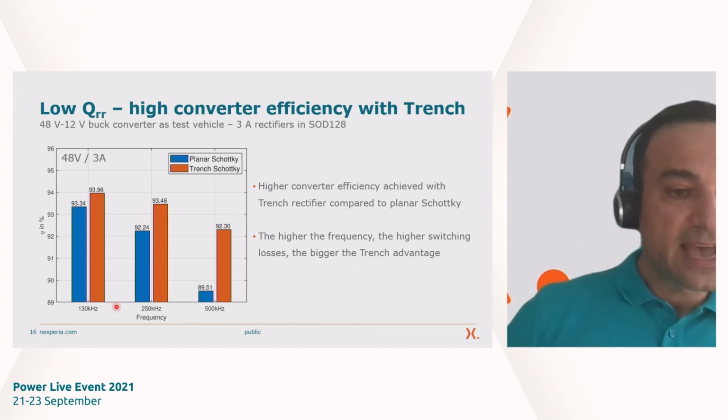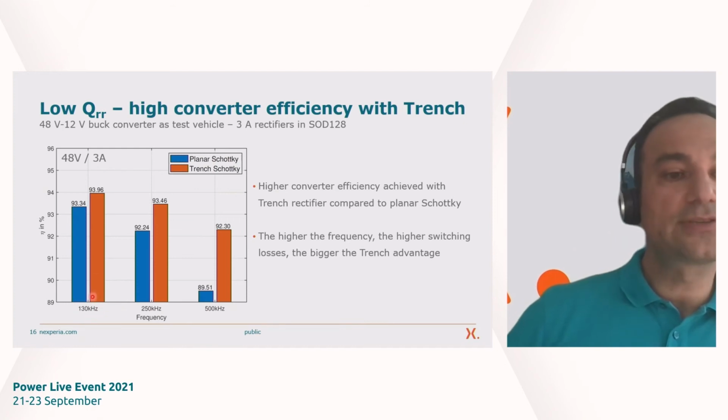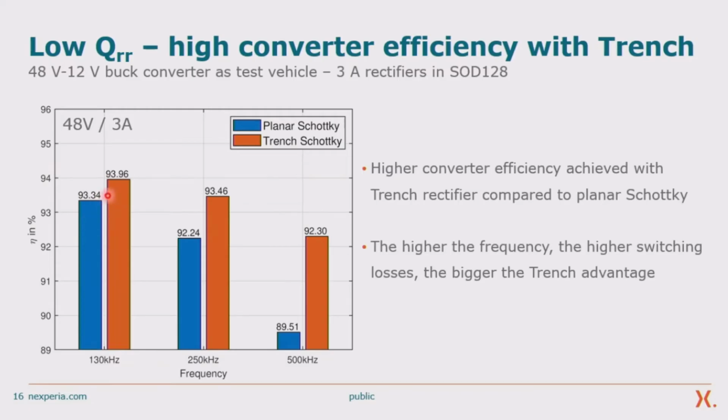And you see that at 130 kilohertz, we have around 0.6 percentage point higher efficiency with the trench Schottky compared to the planar Schottky. And if we increase the switching frequency, then of course also the switching losses will increase. And then this advantage of the trench will become even bigger since the switching losses are more dominating.